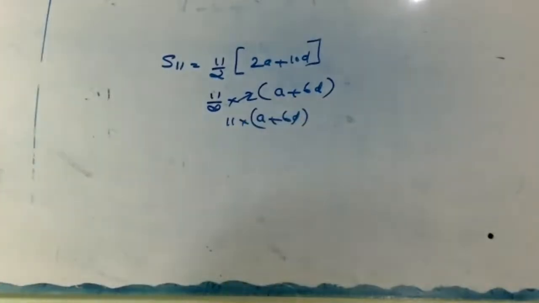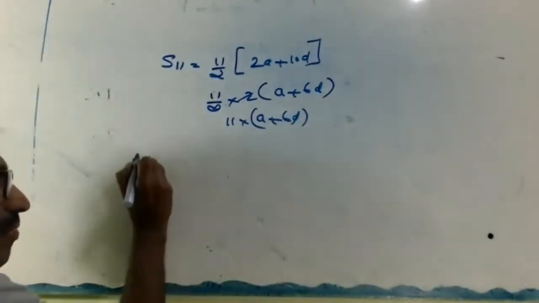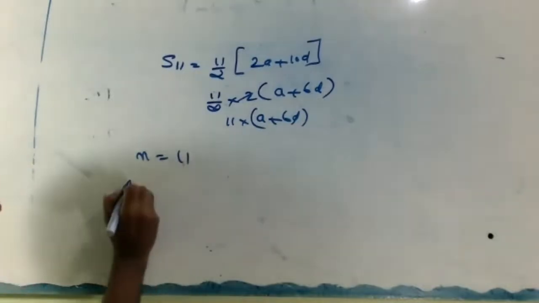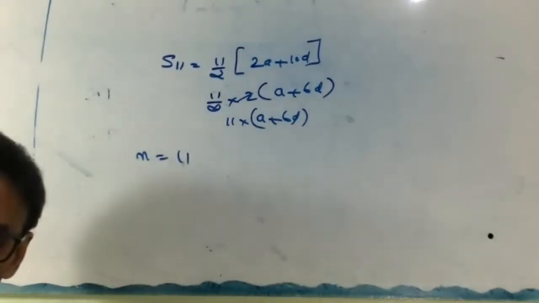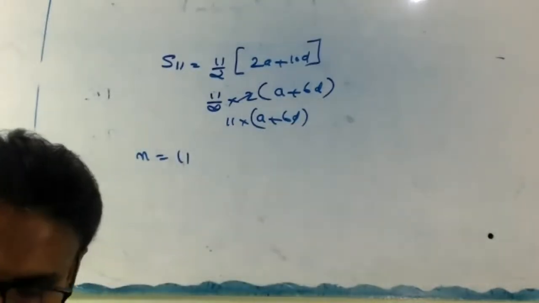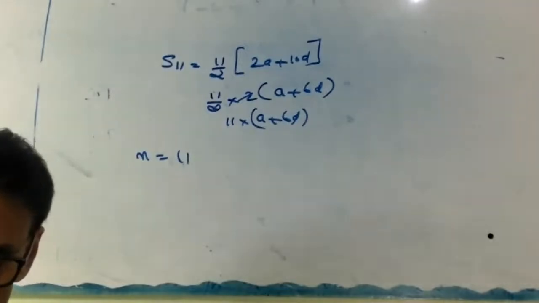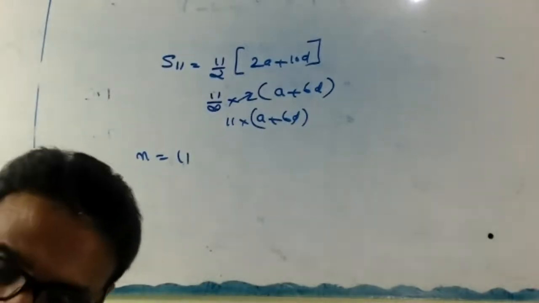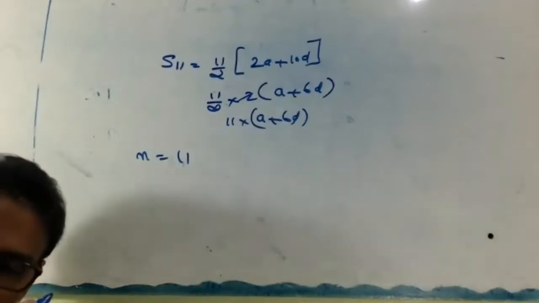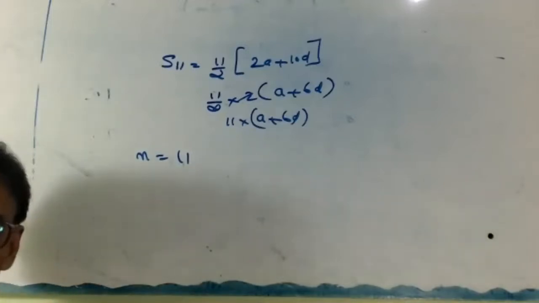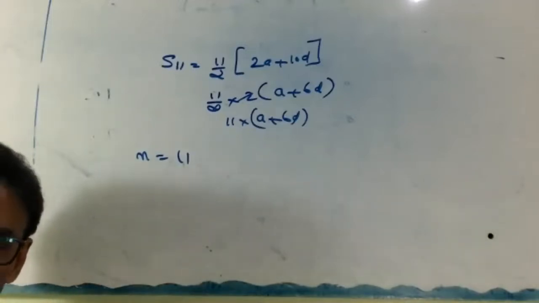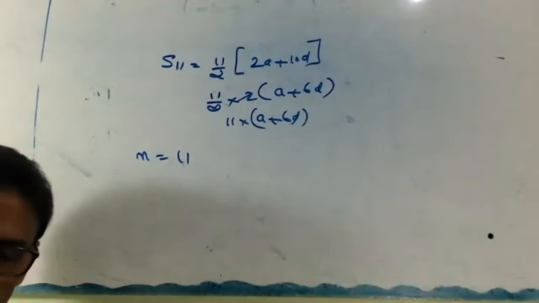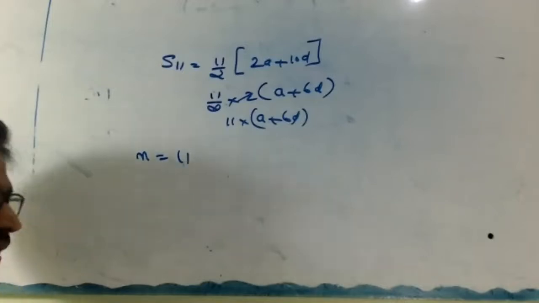But the middlemost term is 30. Look, if n is 11, what is the middle term? n is 11, which is an odd number. For an odd number, (11 plus 1) by 2 is 6, the sixth term.